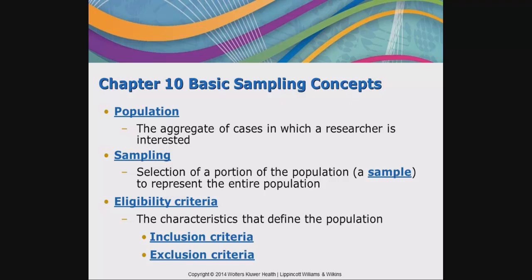So, gosh, we have talked about the major types of quantitative research design, and you know a ton. So now we're going to talk about quantitative sampling plans. For example, the population is the aggregate of cases in which the researcher really is interested. Like, for example, all RN to BSNs in the United States.